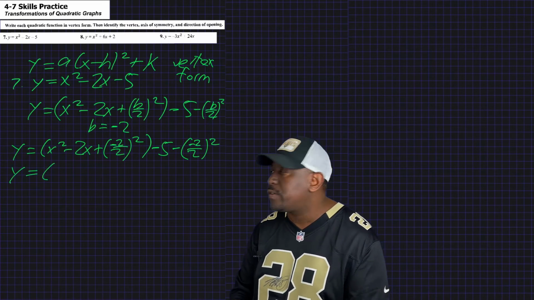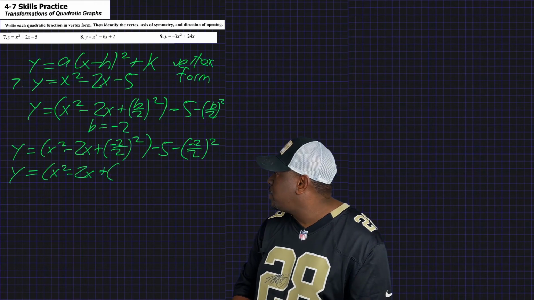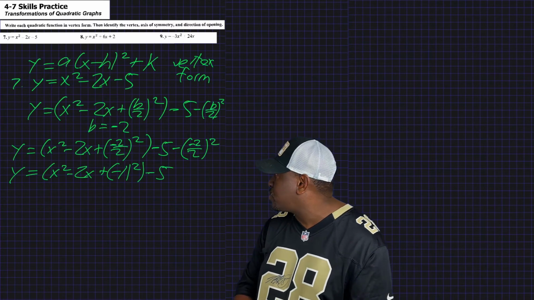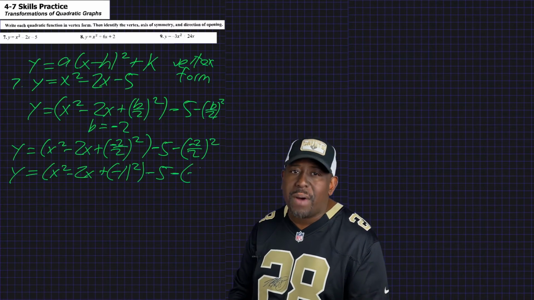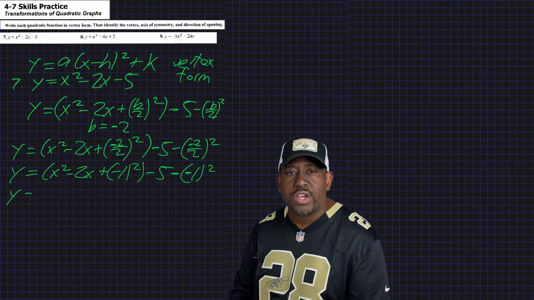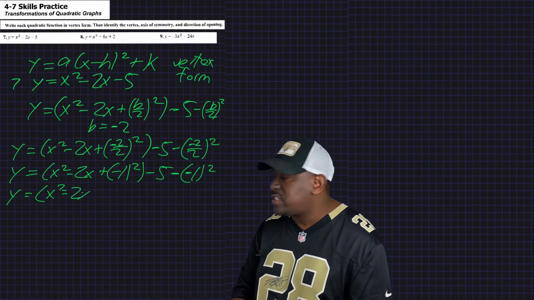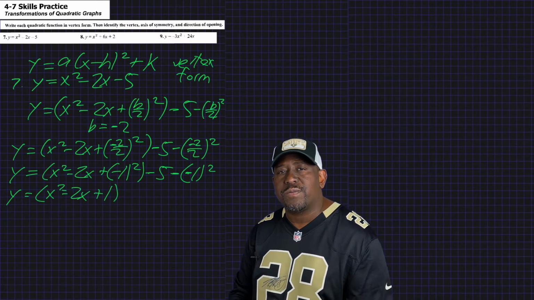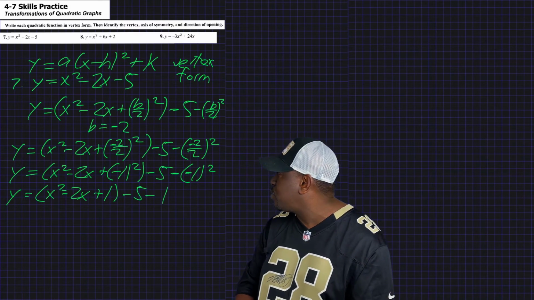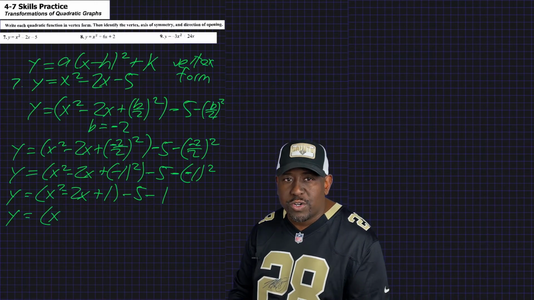We're left with x squared minus 2x plus negative 2 over 2 squared, which simplifies to negative 1 squared, minus 5 minus negative 2 over 2 squared, which also simplifies to negative 1 squared. Again, we just do each step one at a time. Now we simplify negative 1 squared. Negative 1 times negative 1 is 1, so we have x squared minus 2x plus 1, minus 5 minus 1.